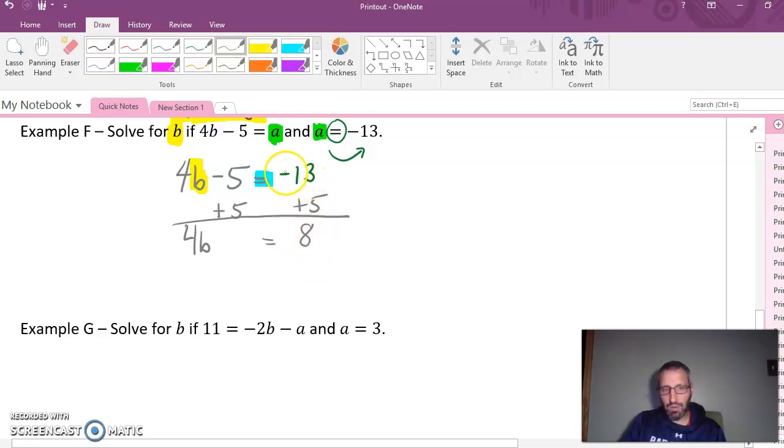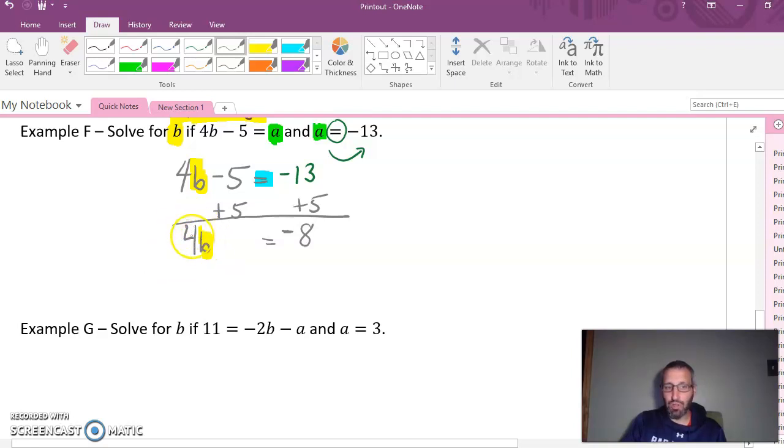And who's winning the battle? There are more minuses than there are positives, so it's minus 8. All right, b is still on this left side of the equation, so I'm inversing over there. 4 is right up next to it. That still means multiplication.